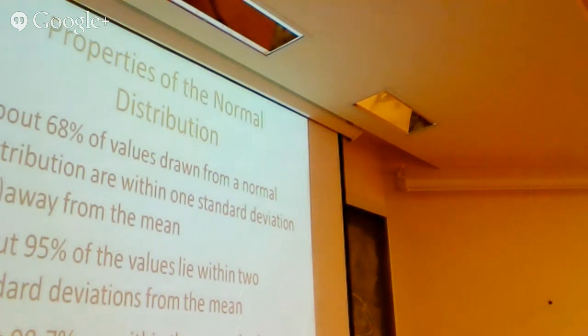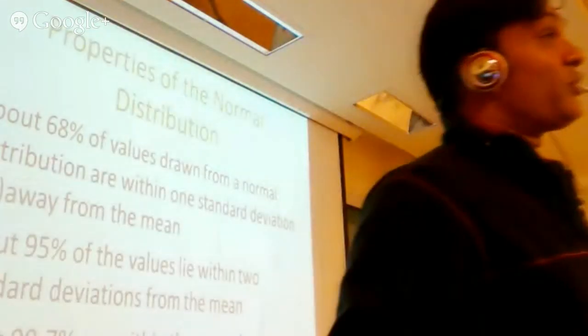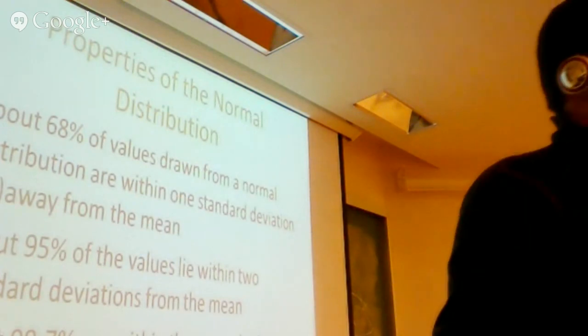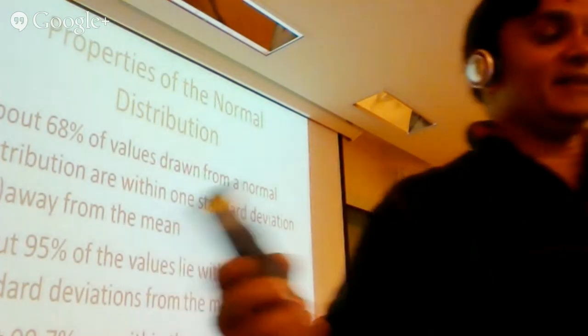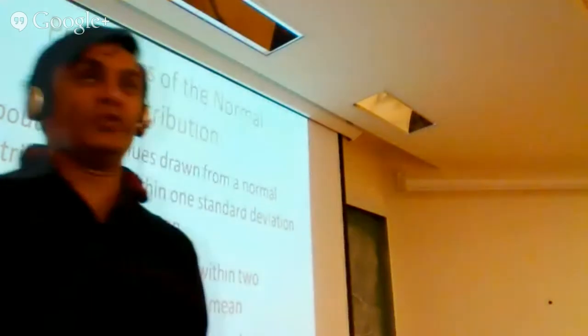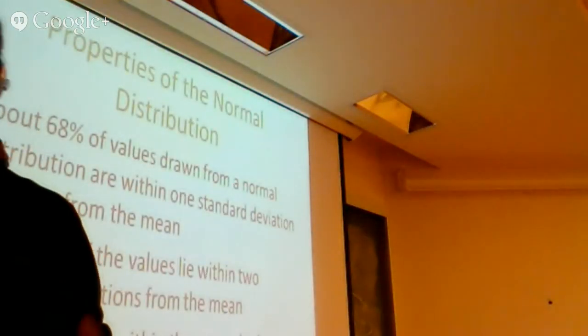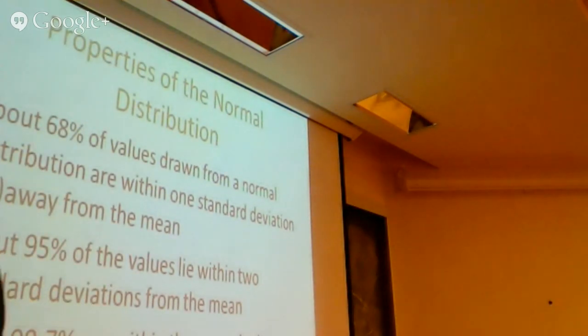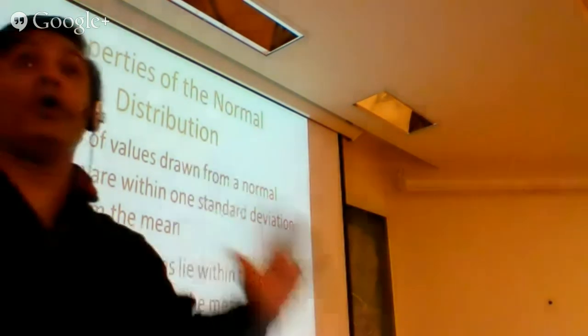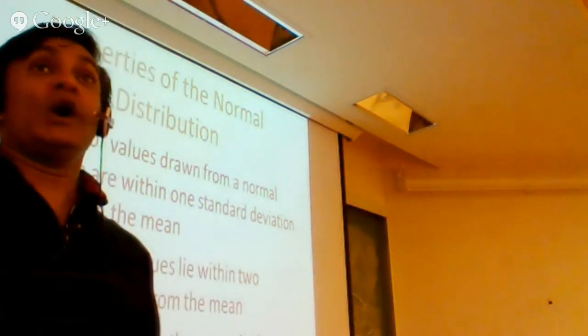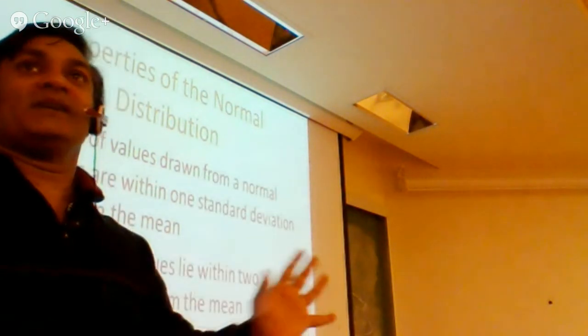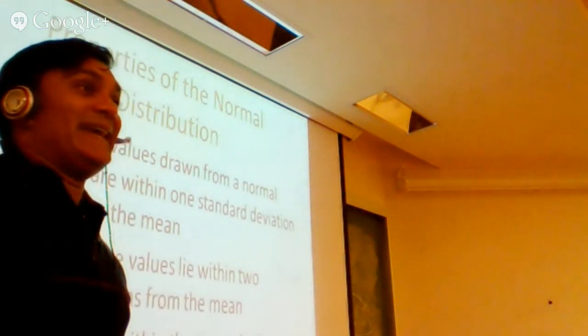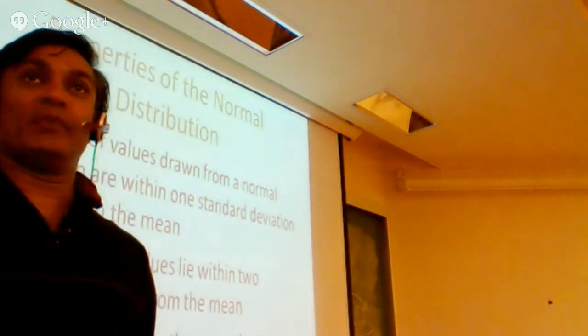This rule is called the 3 sigma rule, or, kind of boring, the 68-95-99.7 rule, or the empirical rule. I call it the 3 sigma rule. It says that one standard deviation from the mean covers about 68% of the data, 2 standard deviations about 95%, and 3 standard deviations almost all the data. Anything more than 3, what's the point? You've got everything there. So when you're computing your z-scores, it's unlikely you're ever going to get anything more than 3.